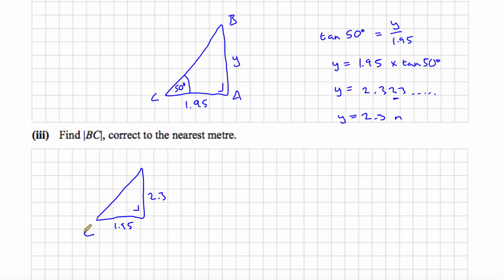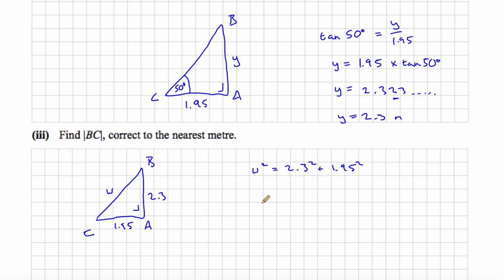So again, this is C, A, B, and I'm looking for BC. I'm going to call this BC here W, and I'm going to use Pythagoras again. So W squared is equal to 2.3 squared plus 1.95 squared.